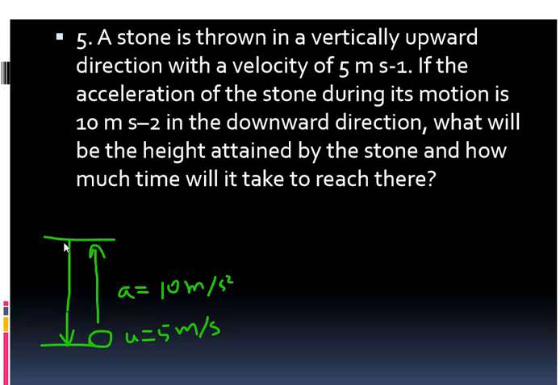If you throw the stone from here with a velocity of 5 meter per second, where the acceleration is 10 meter per second square, it will cover this much height. What is this height? How much time will it take to reach there? From A to B, if the stone is moving, then what is the time taken? So this is the question, you need to solve it.